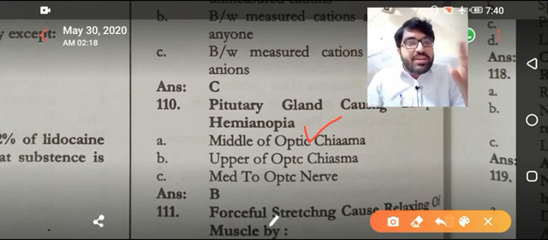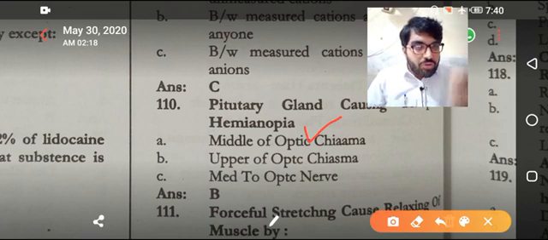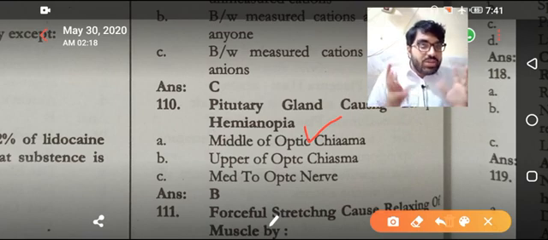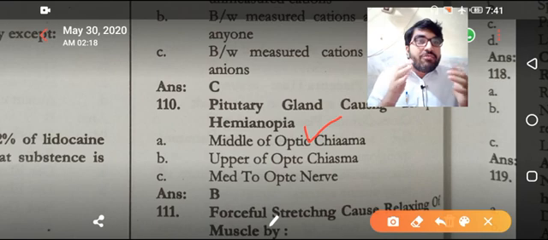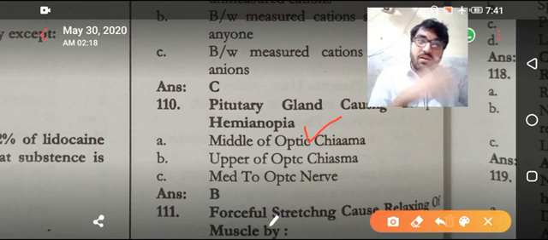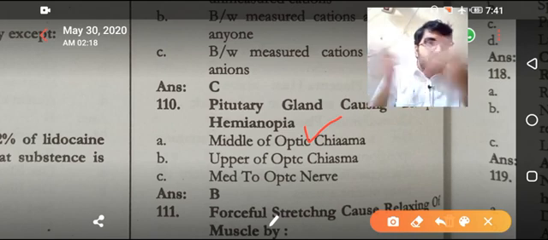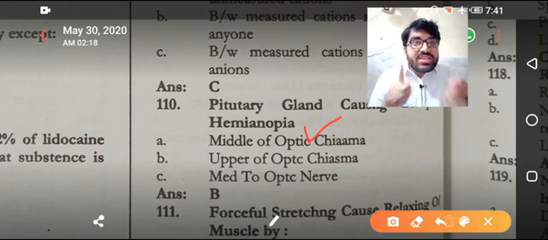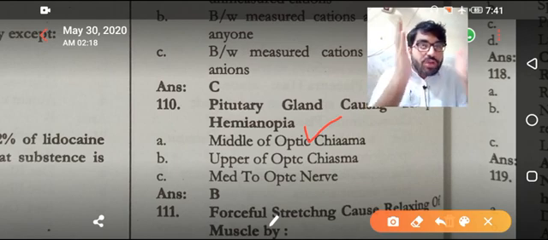There is another complete video, but right now you have to trust me that this is the middle part of the optic chiasma. But they will actually confuse you. They will give you pituitary gland, and another scenario like right homonymous hemianopia. Now a pituitary gland tumor does not cause right homonymous hemianopia or left homonymous hemianopia. So do not be preoccupied with these options. Focus, open your mind.